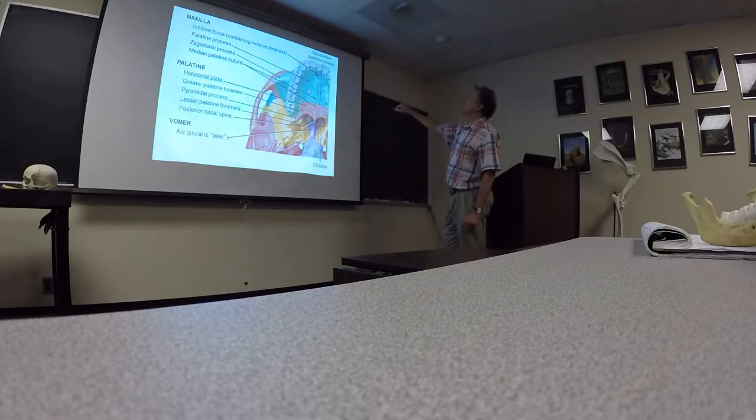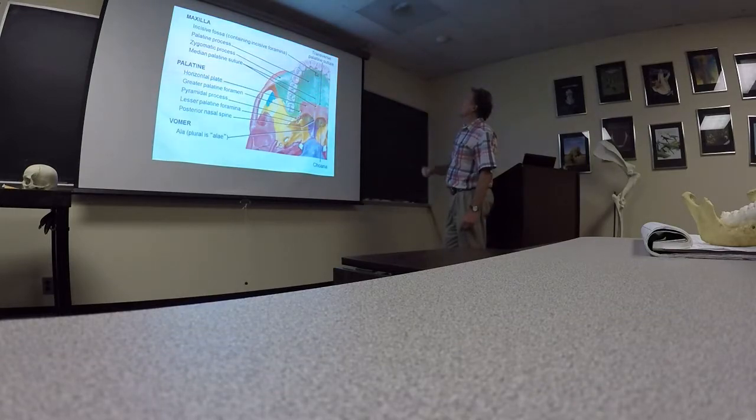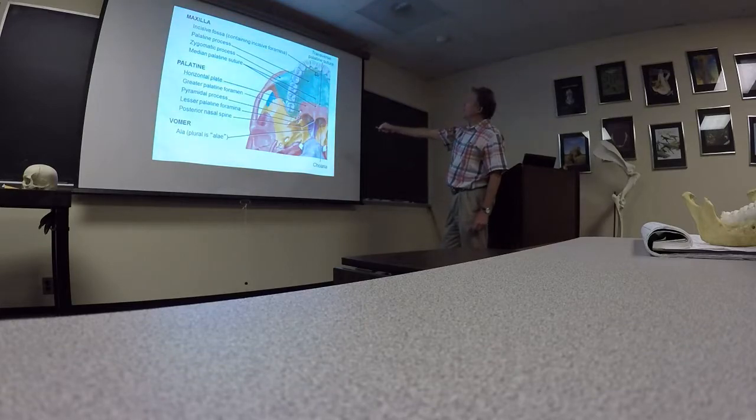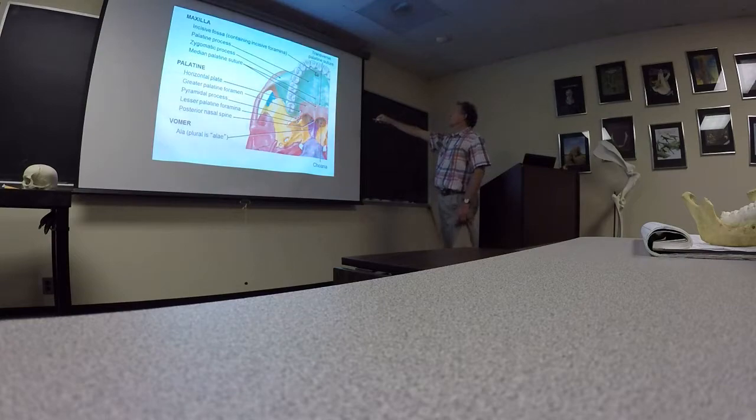Palatine process of the maxilla. Remember, the maxilla has a zygomatic process up here and a frontal process over there. This is the palatine process, the part that's forming the hard palate. This suture across here, separating the palatine bone behind from the maxillary bones up front, is referred to as the transverse palatine suture.